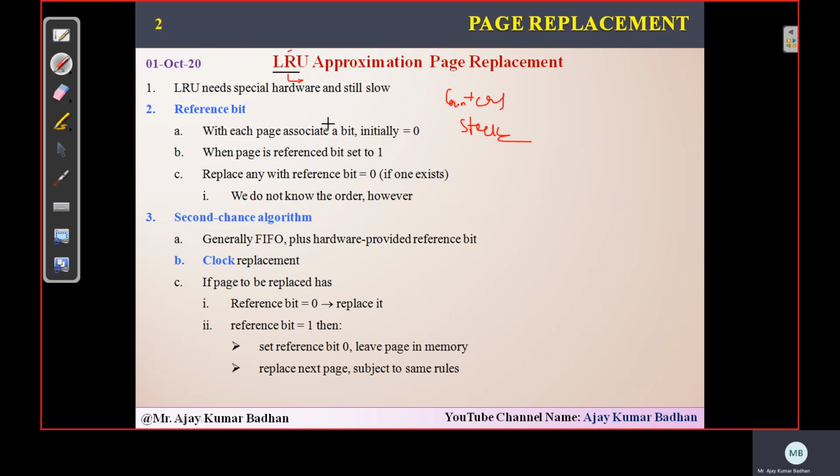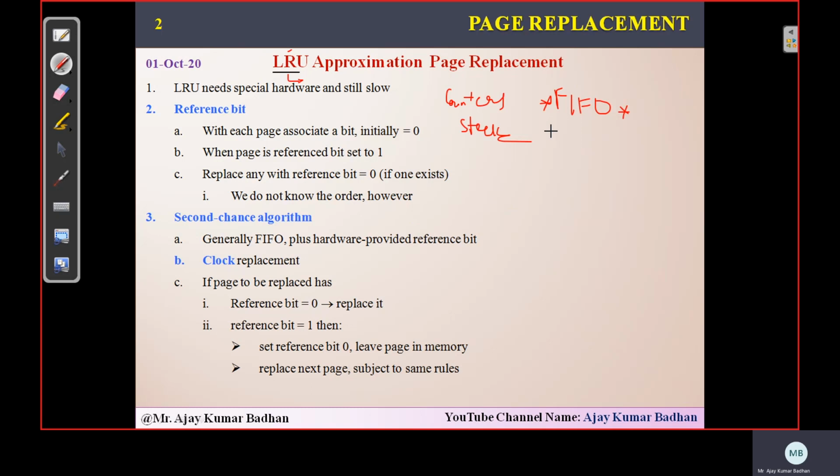Many systems provide hardware support to execute this algorithm, but some systems don't. Where hardware support is not provided, we can use other algorithms such as FIFO and just perform the task.